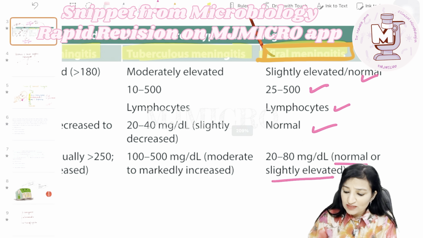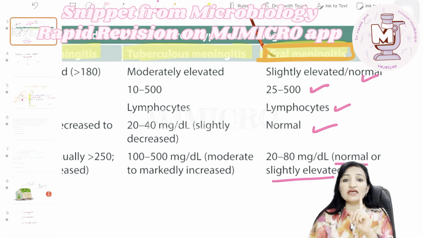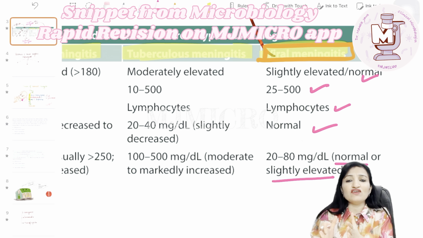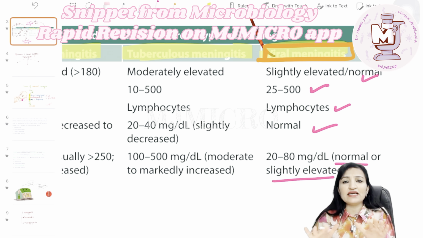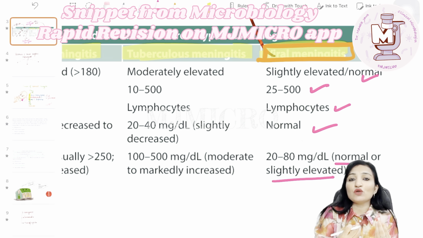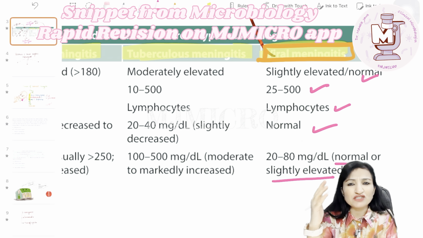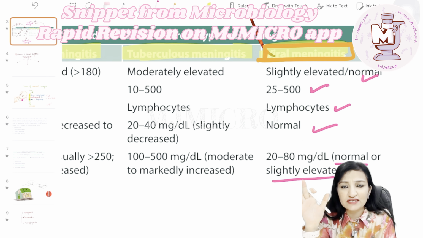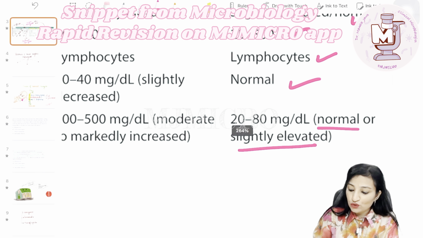Looking at this profile, I have a feeling that this kind of meningitis is very laid back, lazy, in the sense that not too much deviation from normalcy is there. That is, pressure is normal, cells are lymphocytes, glucose normal, protein also is normal or only slightly elevated.